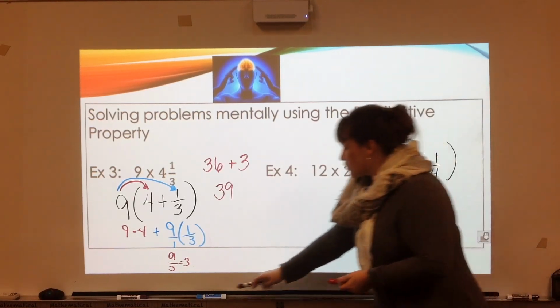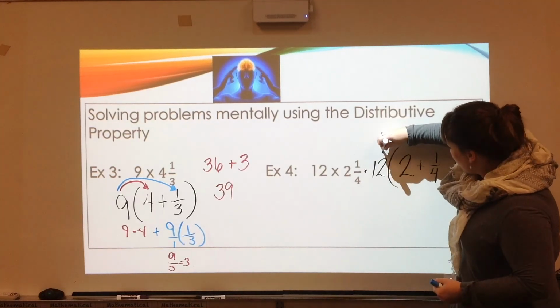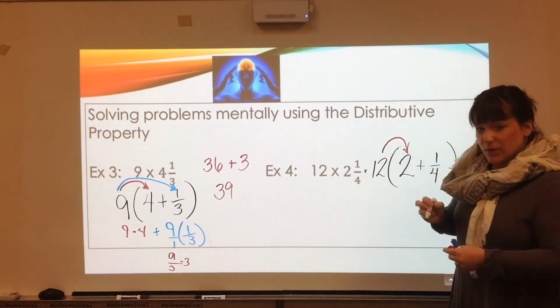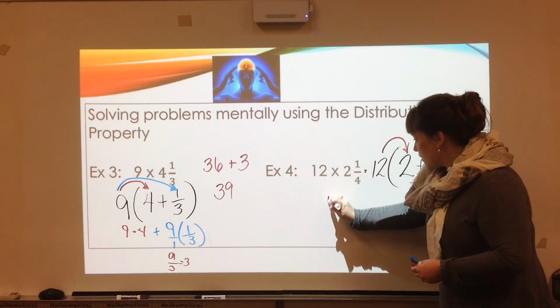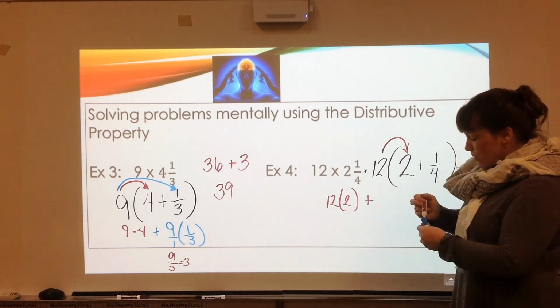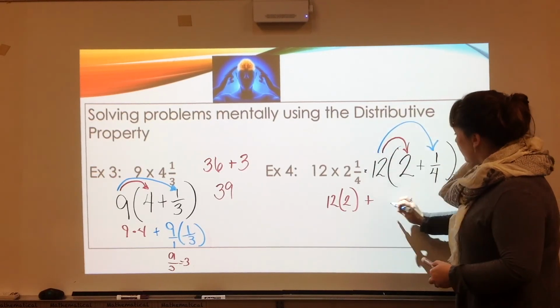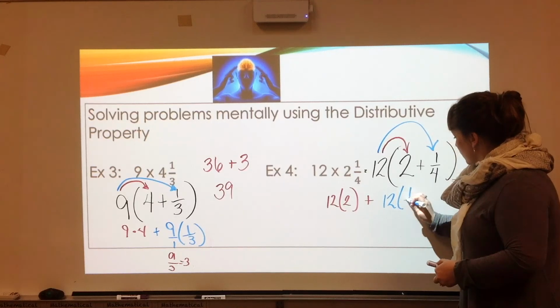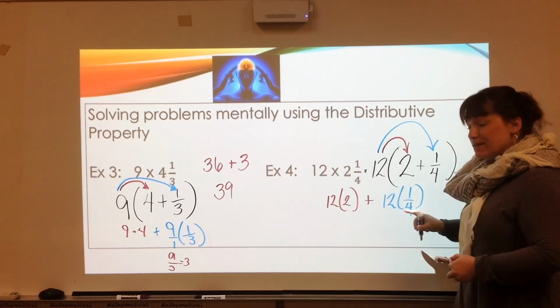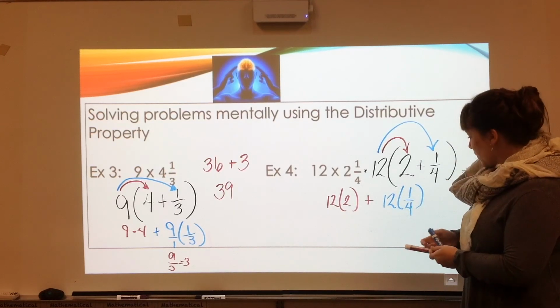Now let's do the distributive property. We're going to pair the 12 and distribute that to the 2. And that will just be 12 times 2. Then we're going to pair the 12 with the 1/4. Again, making this part a lot easier because 12 and 4 are compatible with each other.